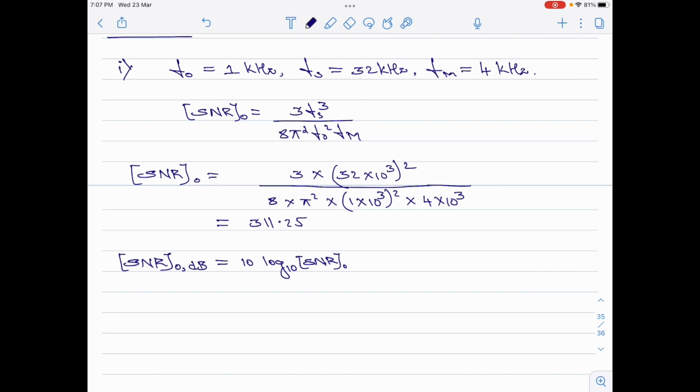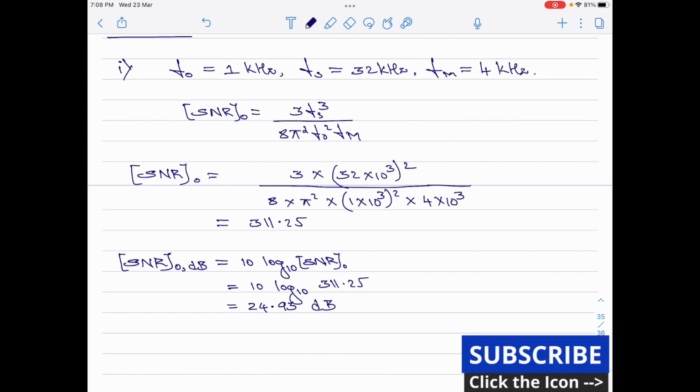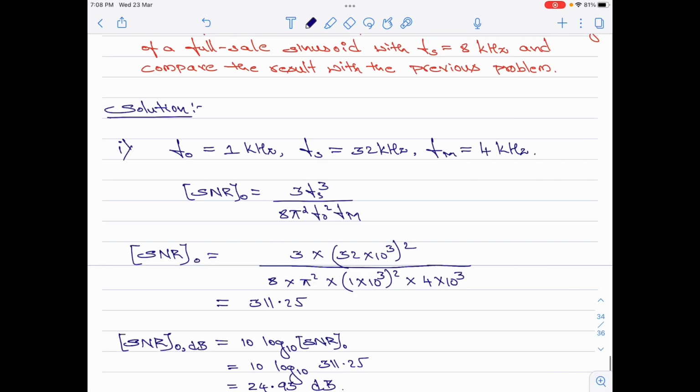So, this is equal to 10 log 10 of 311.25. This is equal to 24.93 dB. That is the answer for part A of the question.